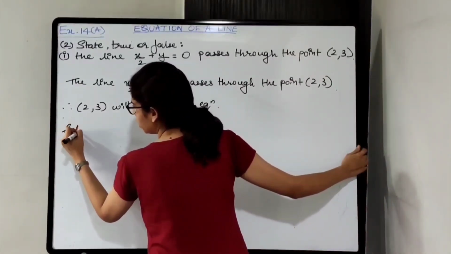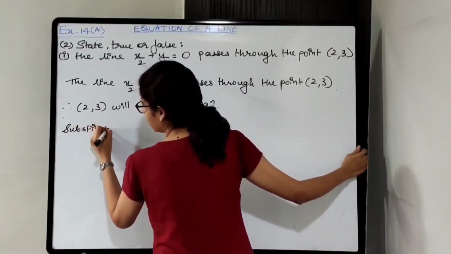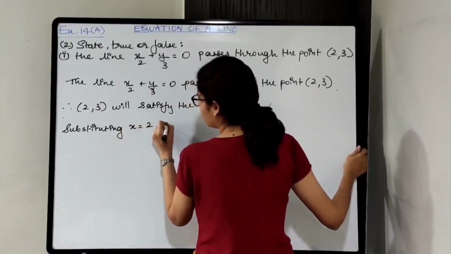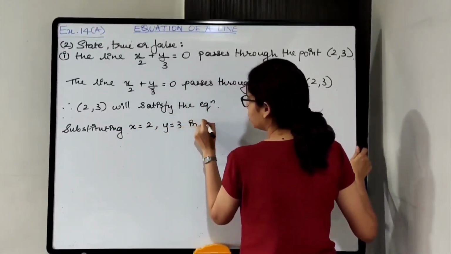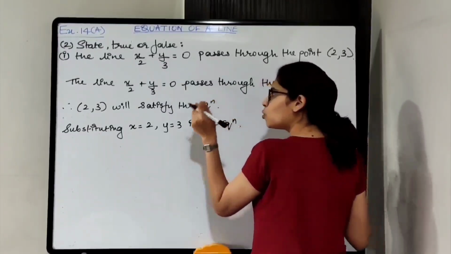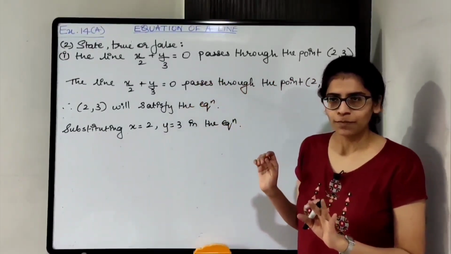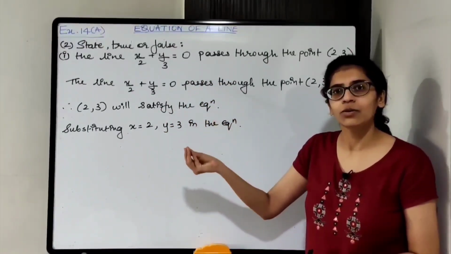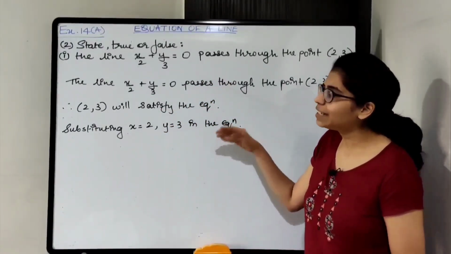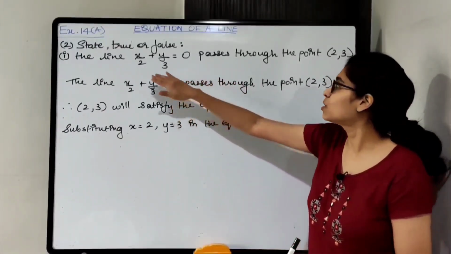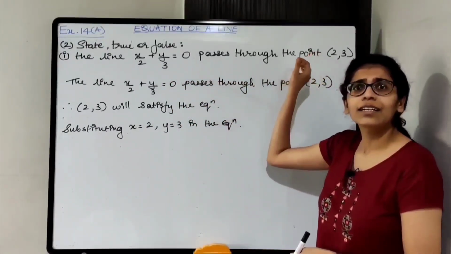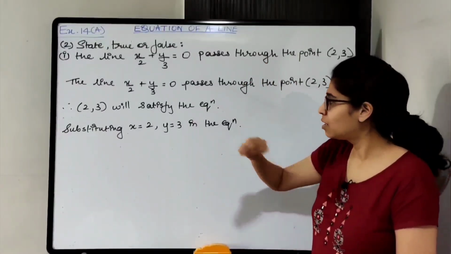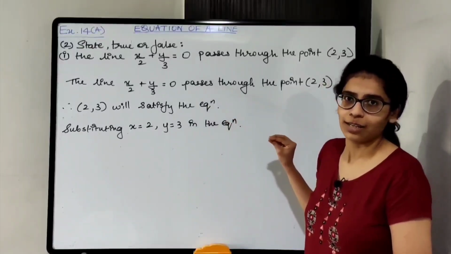So substituting x equal to 2 and y equal to 3 in the equation, because we are told that it is satisfying the equation. Okay, so we are directly substituting in the equation. Although we need to find out whether it is true or false, we are directly substituting it in the equation because in the statement we are told that it is passing through the point. It is given that it is passing through the point. So we substitute in the equation directly.